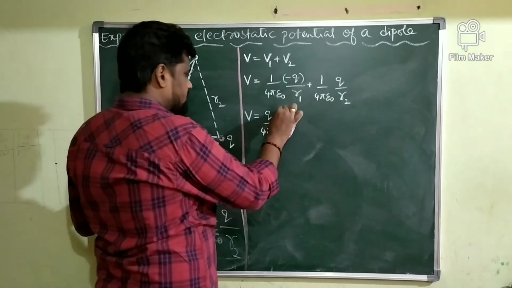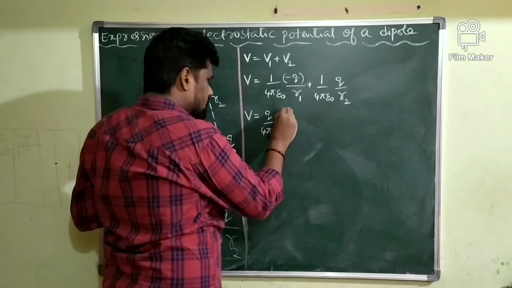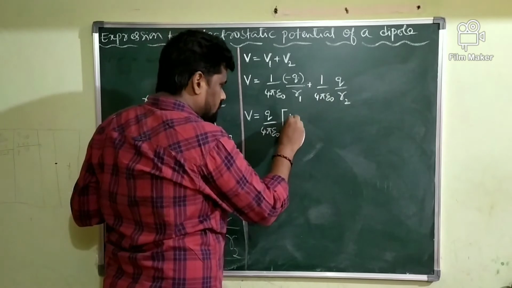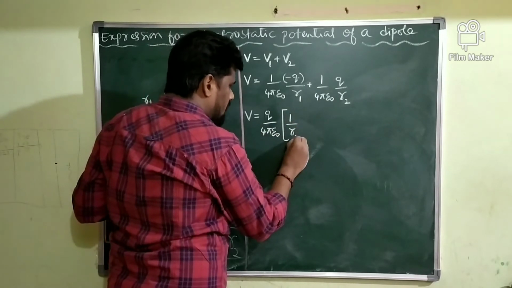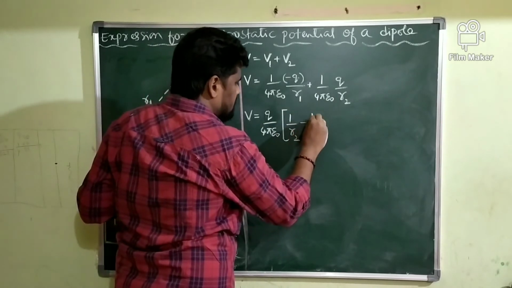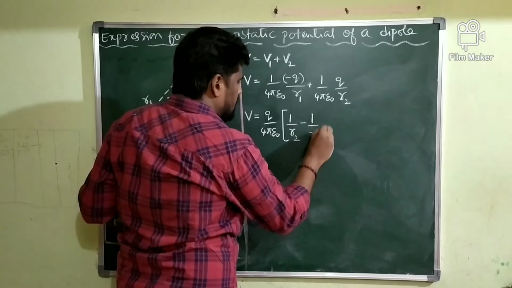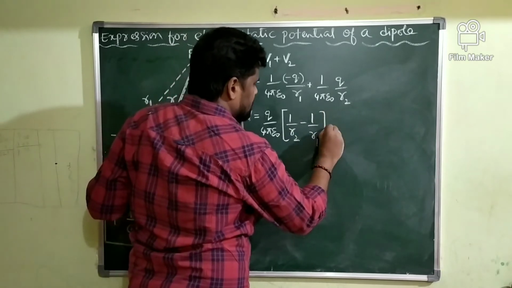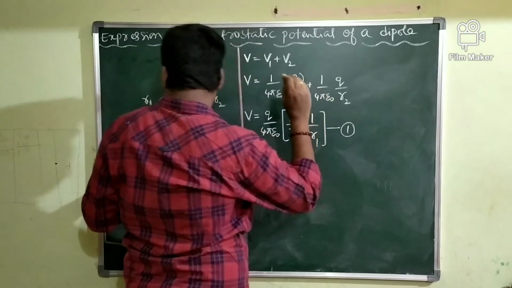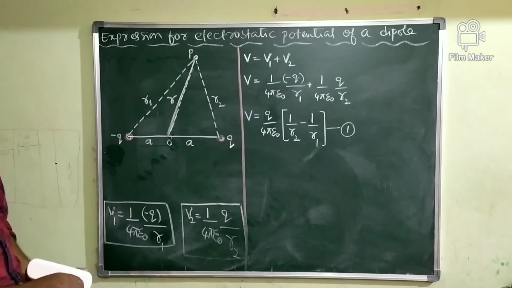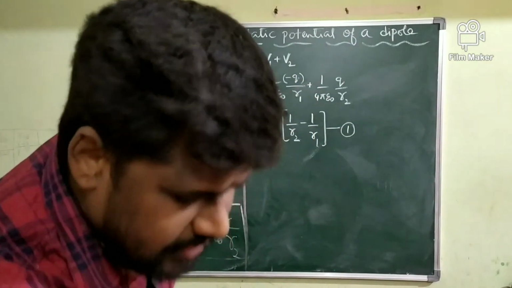But first I will write the positive term, which is 1 by R2. Next is minus 1 by R1. I will call this equation number 1. Okay.